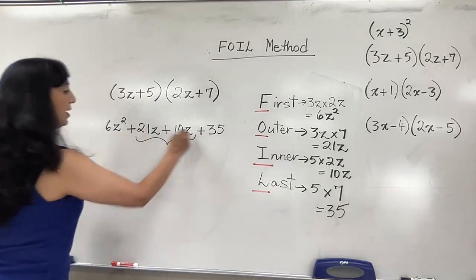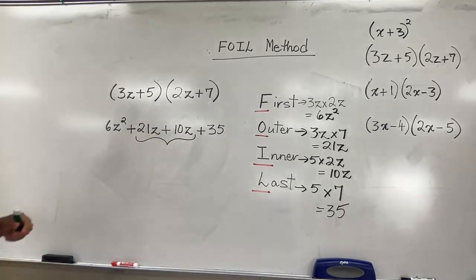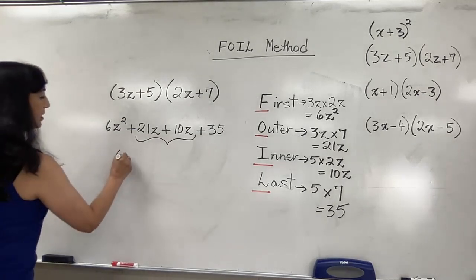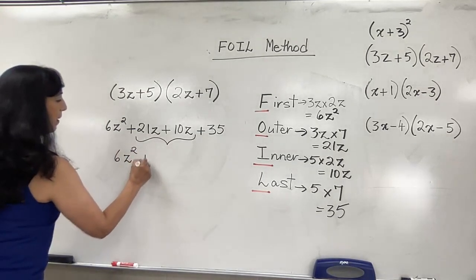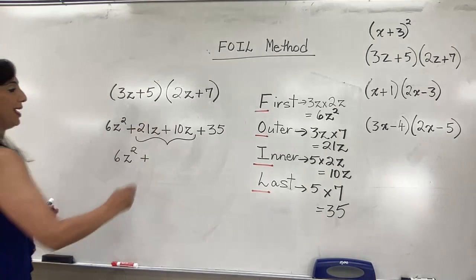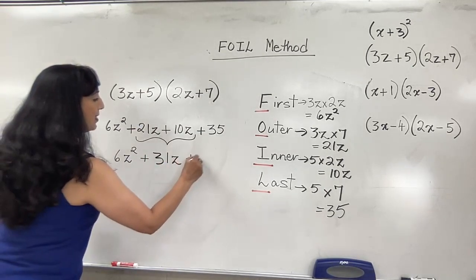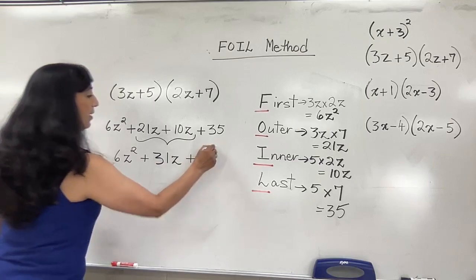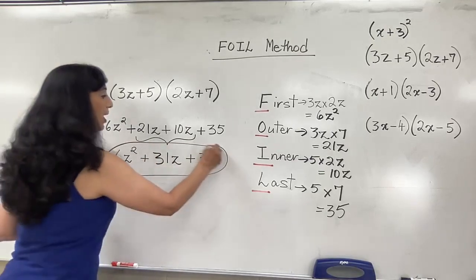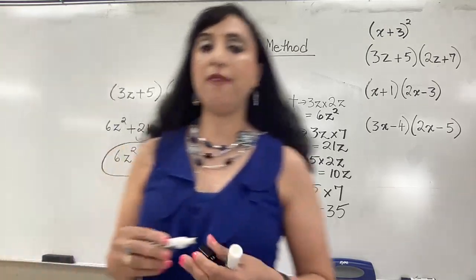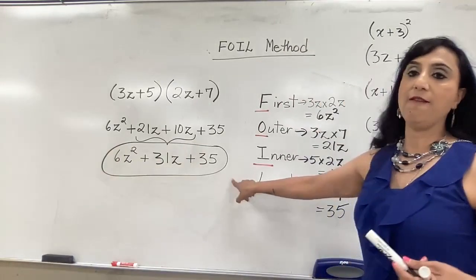The z and the z combined. And so I get 6z squared plus 21 plus 10 gives me 31z plus 35. Nothing else common. They're all unlike terms now. So therefore, that is my final answer.